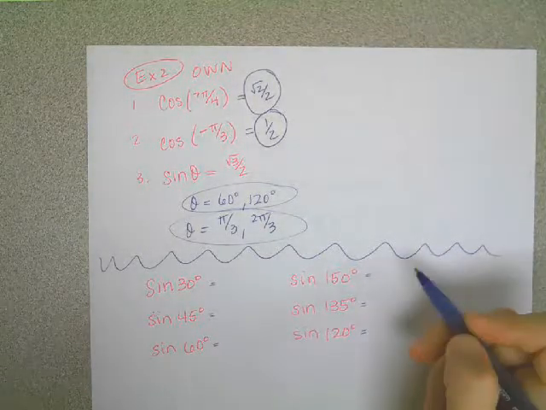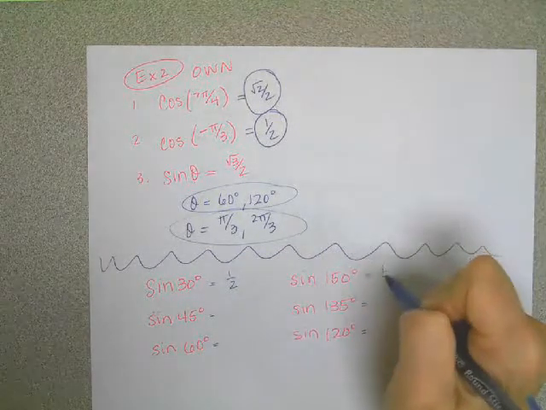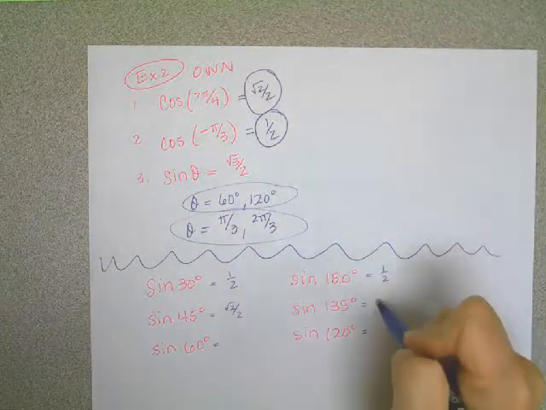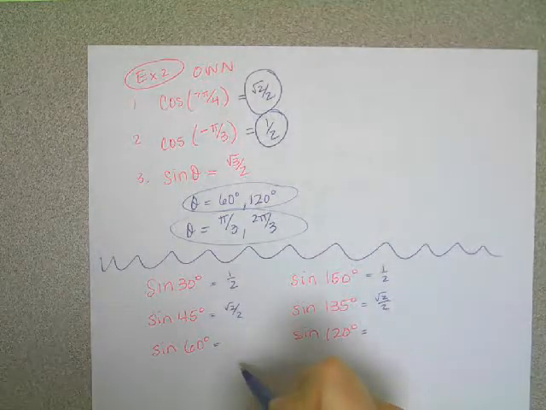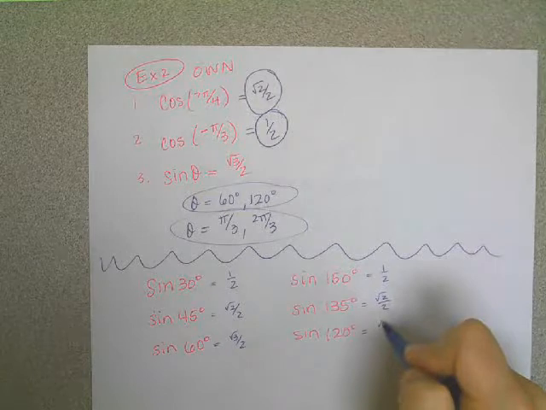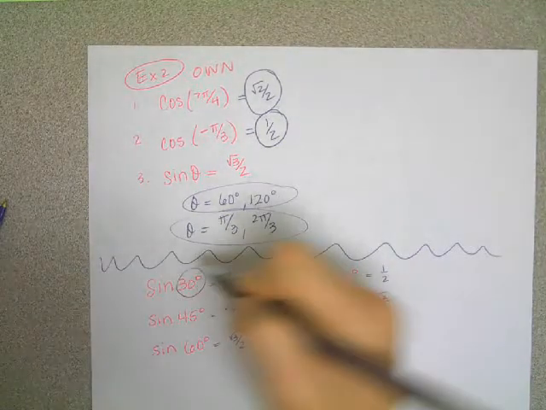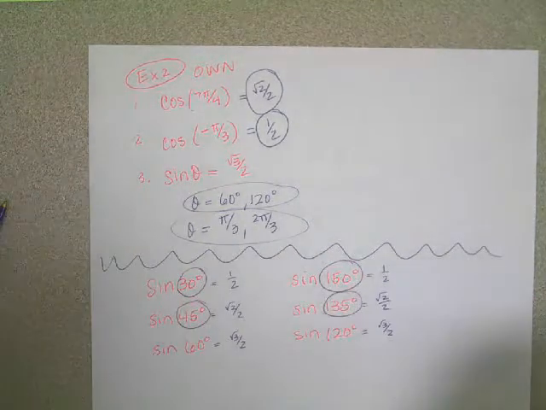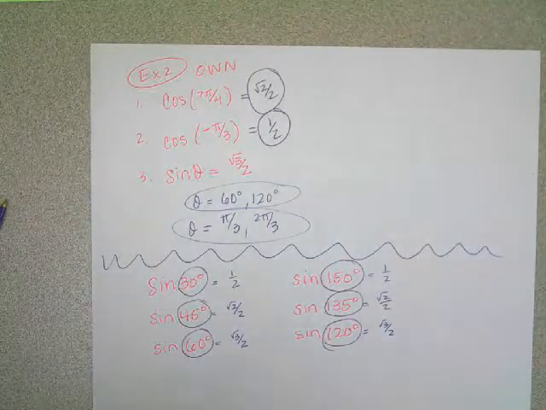I hope you paused it. Okay, coming back, sine of 30 should have been 1/2, sine of 150 should have also been 1/2. Sine of 45, square root of 2 over 2, same as sine of 135. Sine of 60, square root of 3 over 2, and sine of 120 is square root of 3 over 2. I hope that you noticed 30 and 150, 45 and 135, 60 and 120 all have something in common.